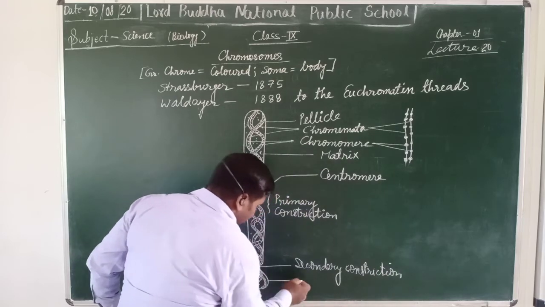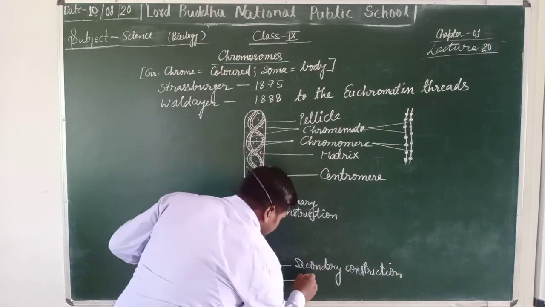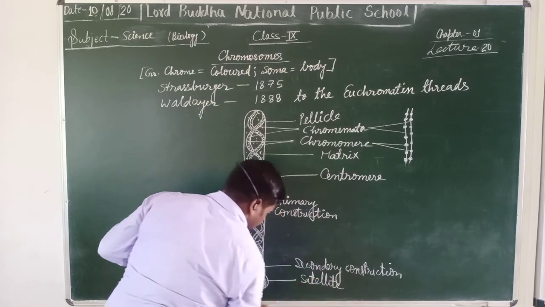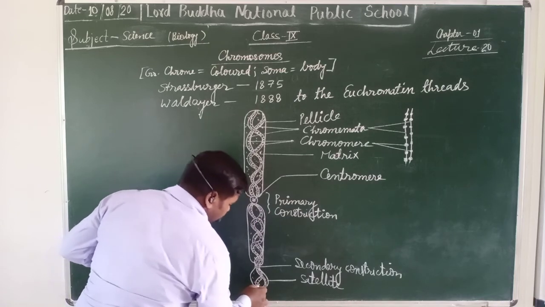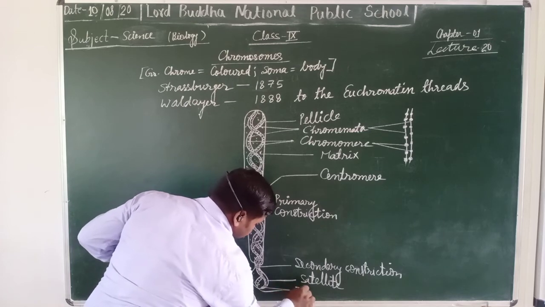And that is the end part of the chromosome, called the satellite. And the end of each chromonema is known as the telomere.